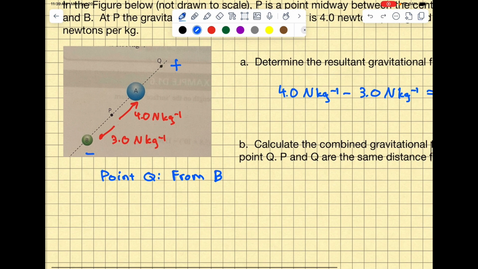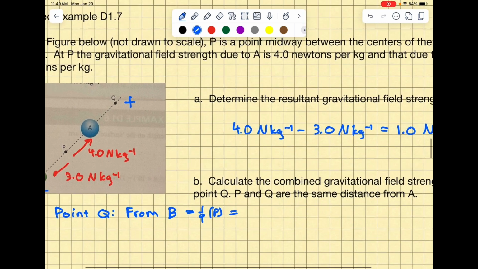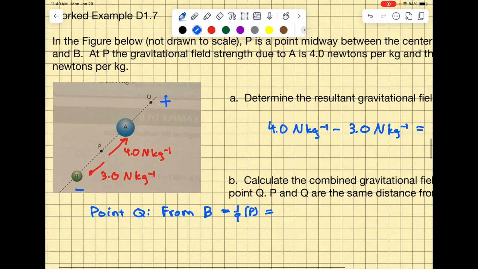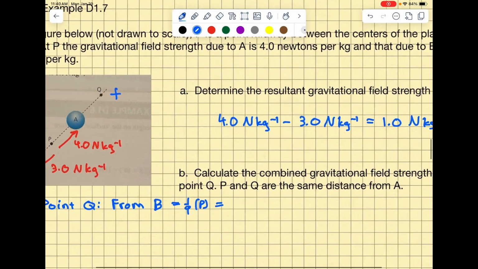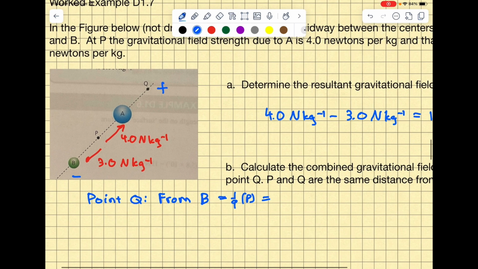So the gravitational field strength for point Q must be equal to 1/9 of what it was at point P.